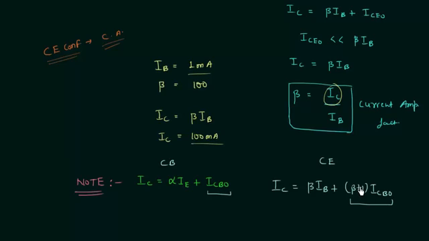Beta plus 1 is a large quantity because beta is a large quantity, and we are multiplying it with ICBO, so the contribution of leakage current in the output current is more in case of common emitter configuration, and the contribution of leakage current to the output current is less in common base configuration. I think this is clear to you. Let's say beta is equal to 99, so we are multiplying ICBO by 100. I hope this point is clear to you.